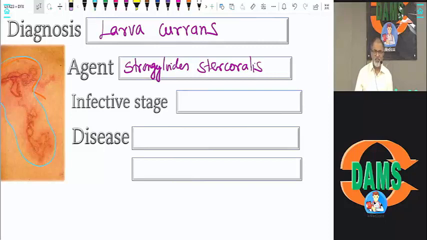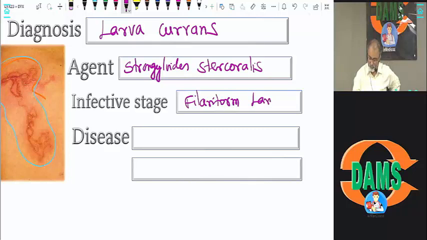What is the infective stage of Strongyloides stercoralis? Filariform larva. Mode of transmission: skin penetration. Because of that skin penetration, it goes under the skin like a snake. So infective stage, filariform larva; mode of transmission, skin penetration.